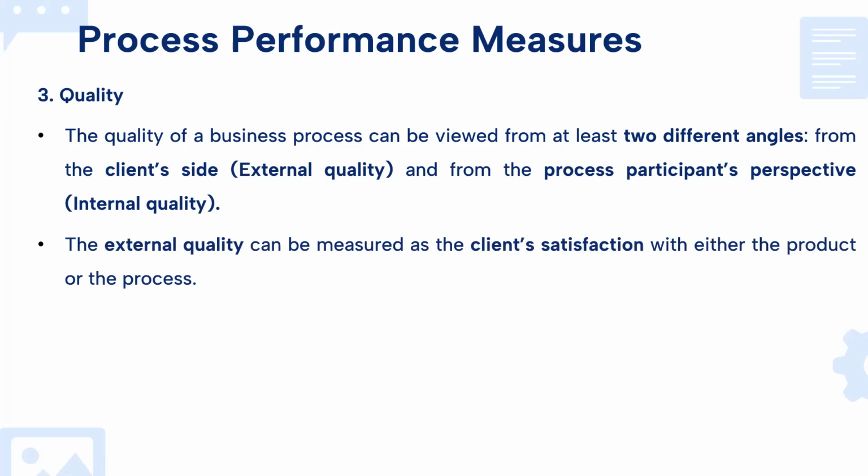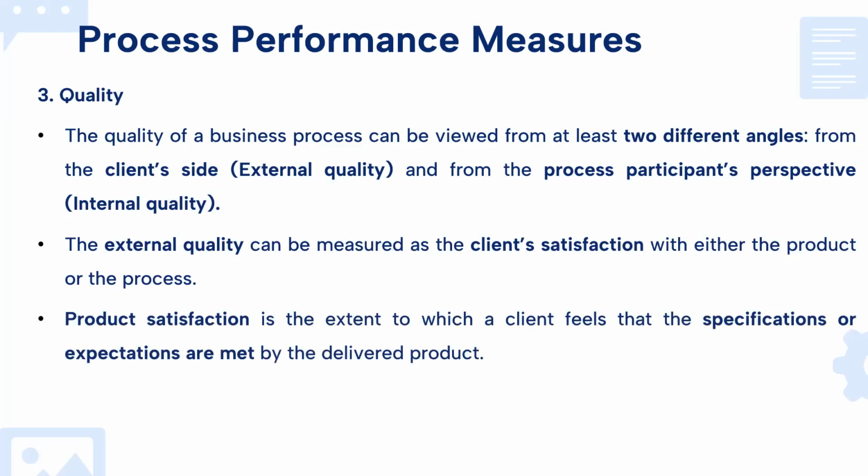When you consider external quality, we identify it by the degree to which the client is satisfied with either the product or the process that we provide. Sometimes it might be a tangible product, and it might be an intangible product, where the customers have to participate in the process.